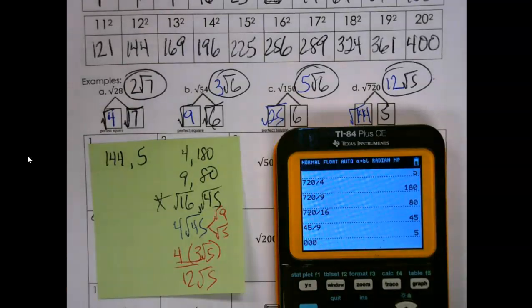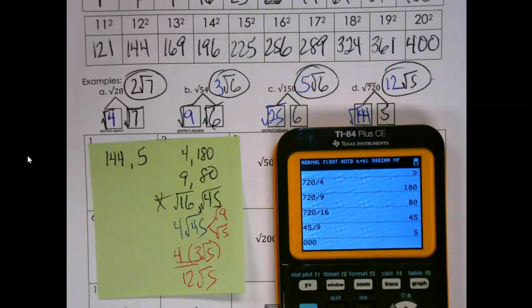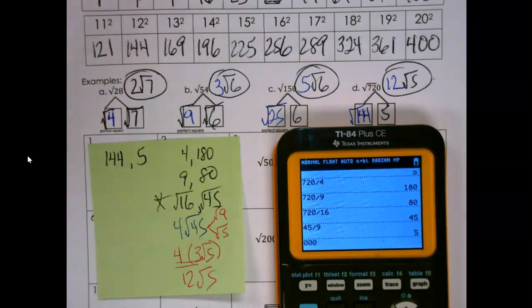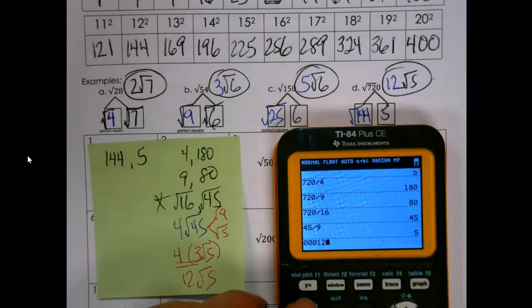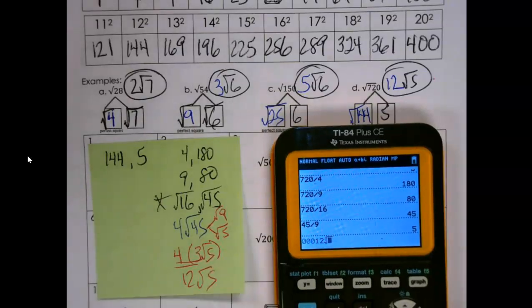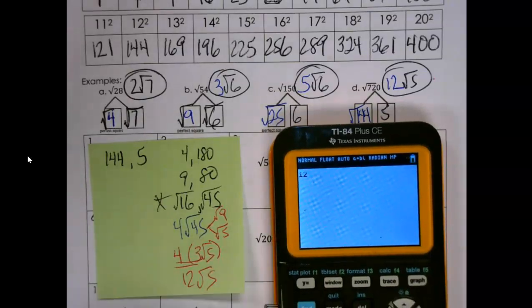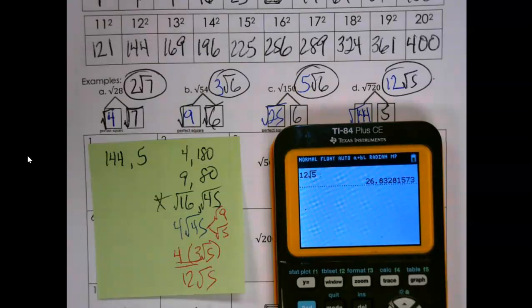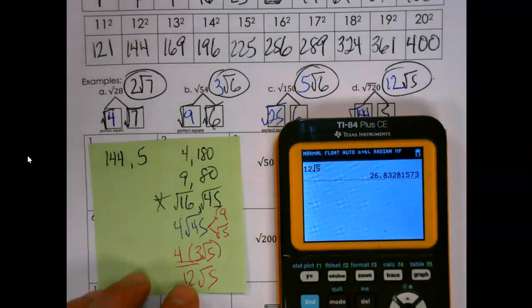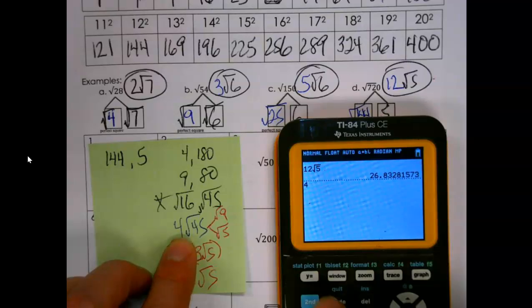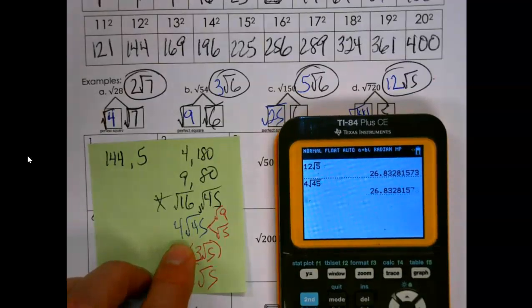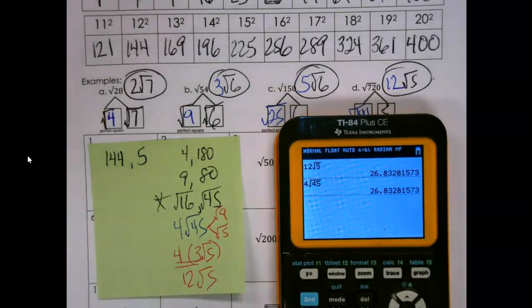But sometimes if you're working on something and you're looking at my answers and you're like, what the heck? Or you maybe even look and go, well, wait a minute. 12 times the square root of 5, and 4 times the square root of 45. Well, they're the same thing. So why can't I take either answer?